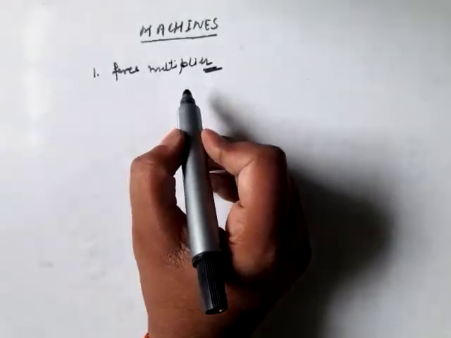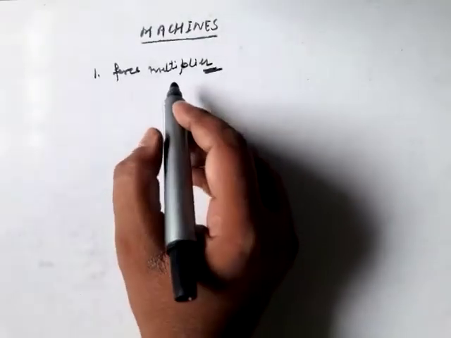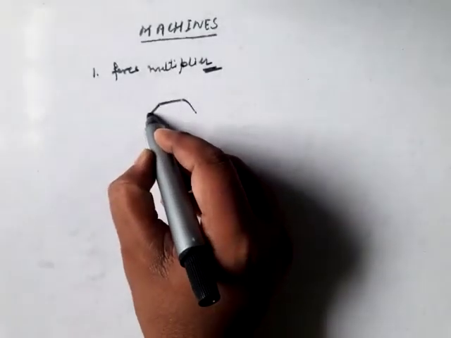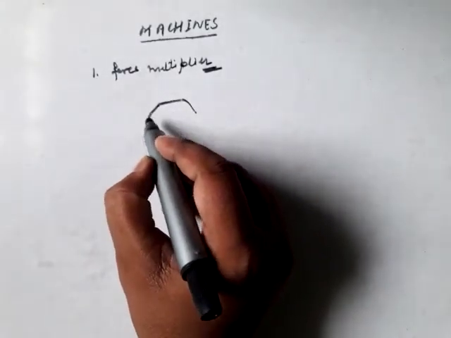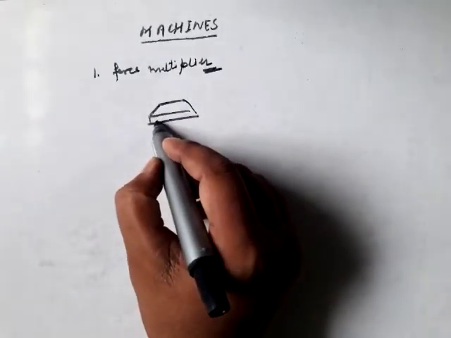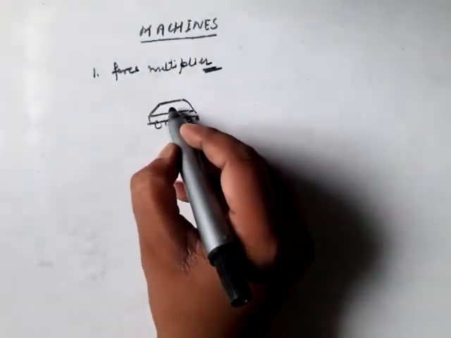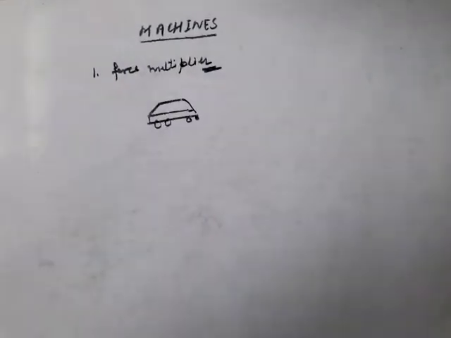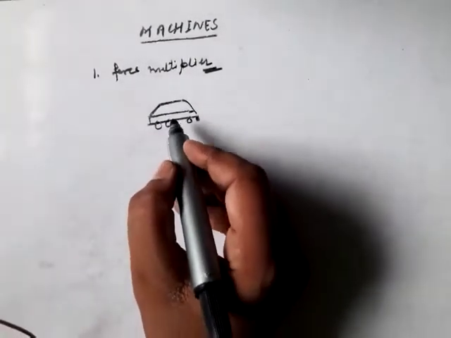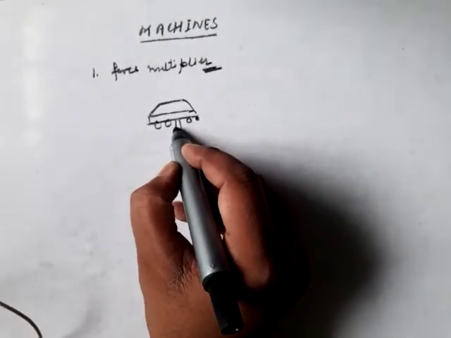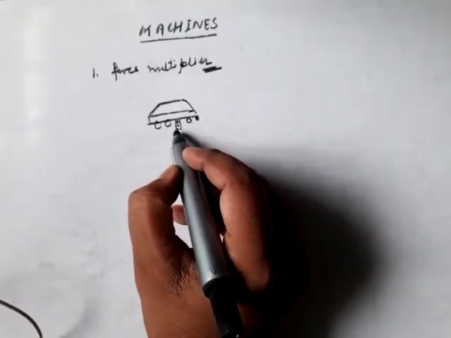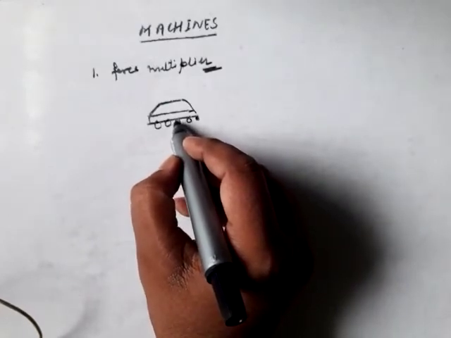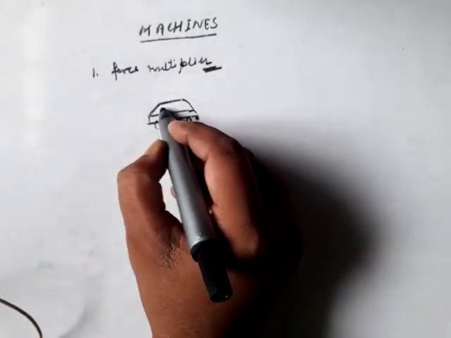We can take the example that if you want to lift a car, and you apply a car jack, then by applying a lesser effort it will help in lifting the load.